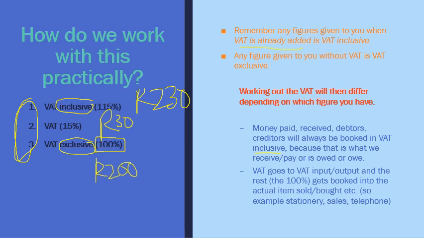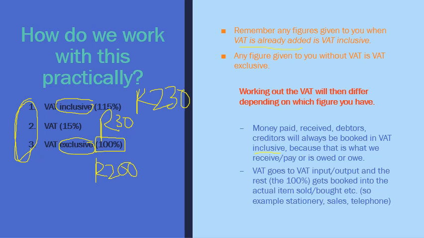Some of that 200 Rand we will send to SARS, which means we'll keep maybe 170 or something. So when we get that 200 Rand, that 200 Rand is VAT inclusive. We are getting the money from the client plus the VAT. We are sending the VAT to SARS.